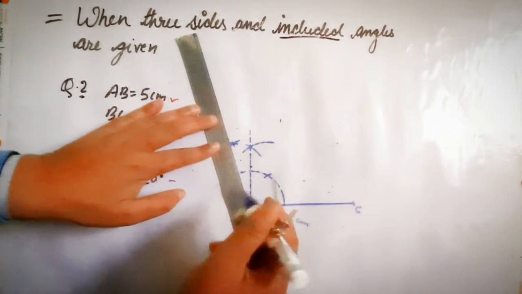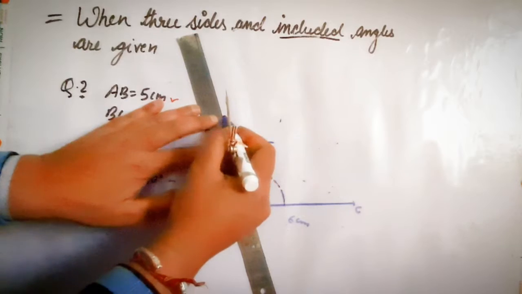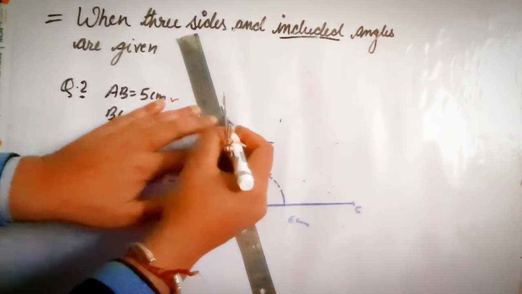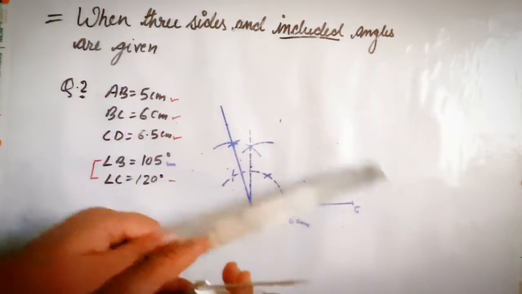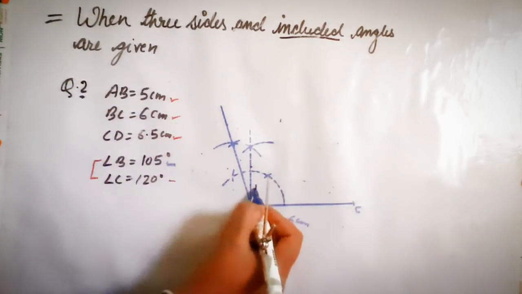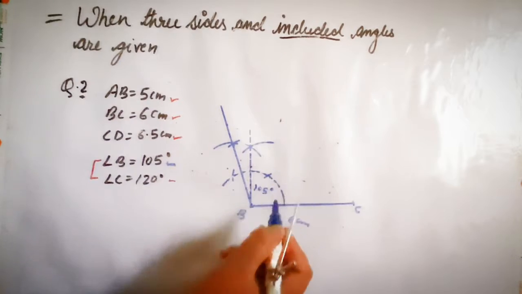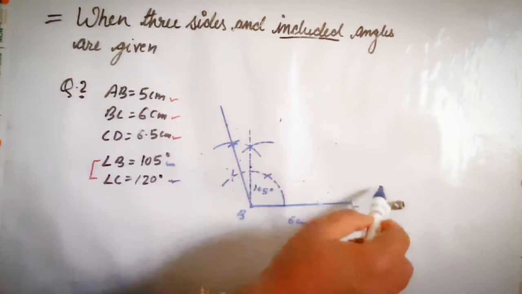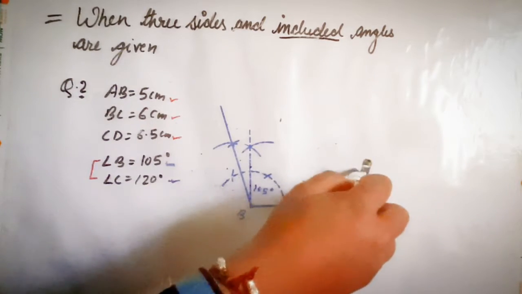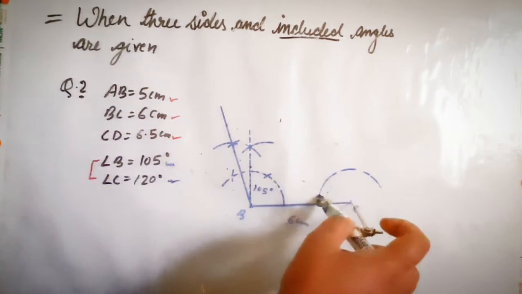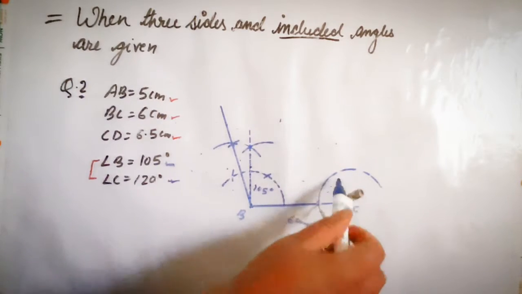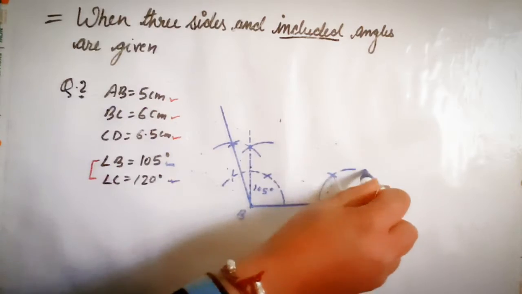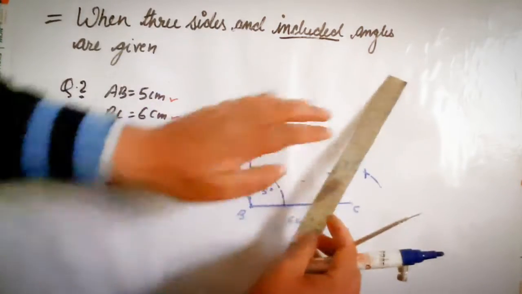So join it with the vertex B. So this is your second arm of the quadrilateral from B, and the angle is 105 degree. Now come to angle C. Angle C is 120. Place on C and draw a semicircle. From the initial point, first cut is 60, second cut will be 120. So this is your angle of 120 degree.